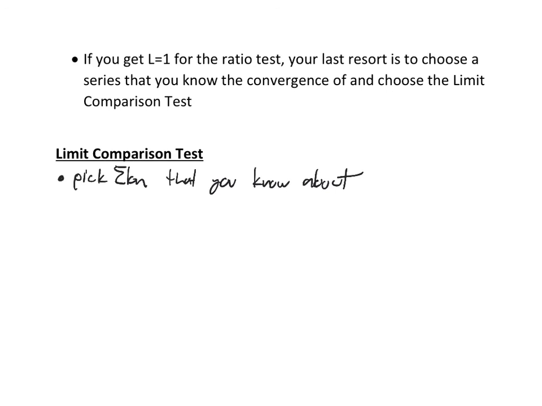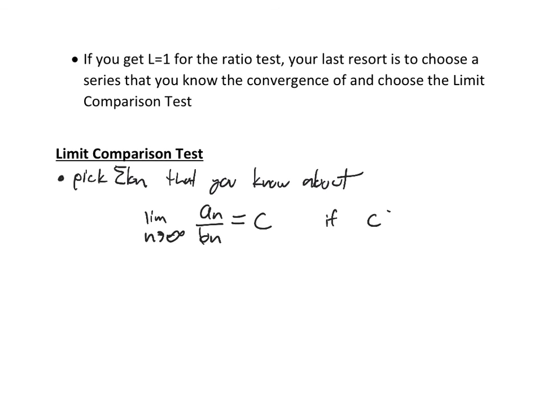Meaning you know if it converges or diverges. And then you're going to compute the limit as n approaches infinity of a sub n over b sub n, and hopefully you're going to get some number c.